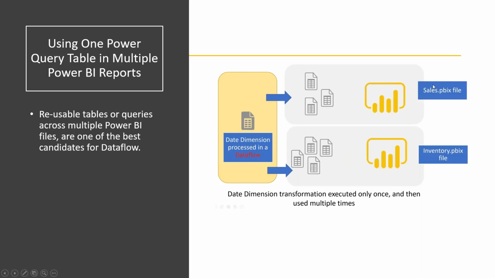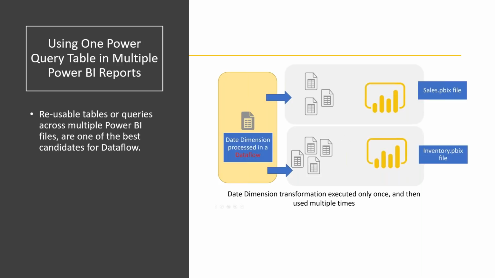And then in multiple PBIX files, you can use that as a source. So one query table is the source of multiple places. In case you want to change the query, you go to that Dataflow, you change that, and all of these would be sourced from there. Just as simple as that, right?